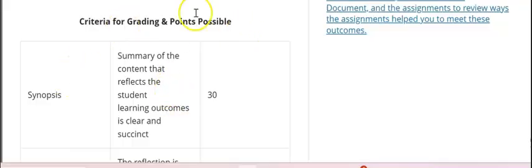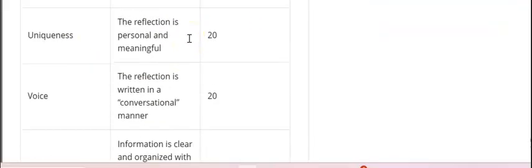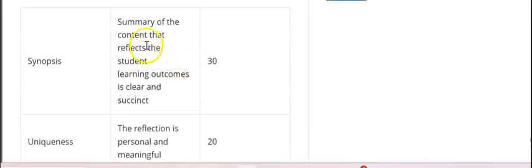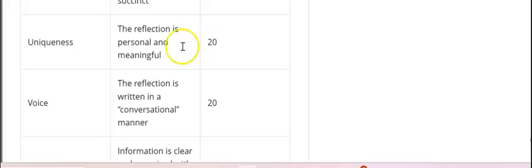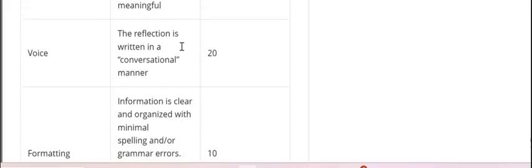So here's the criteria again for 80 points: your content reflects clearly and succinctly that you met the student learning outcomes, each one of them. It's personal and meaningful. It doesn't have to be APA formatted. You just need to show me that you learned what you should have in this course, and tell me ways in which you found it personally meaningful.